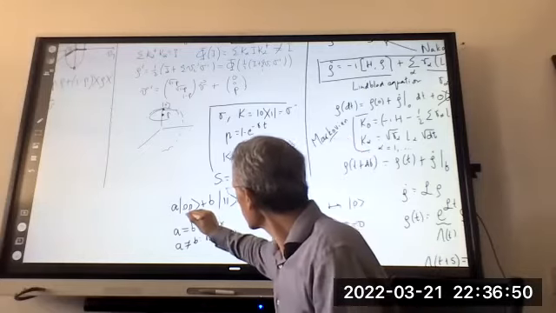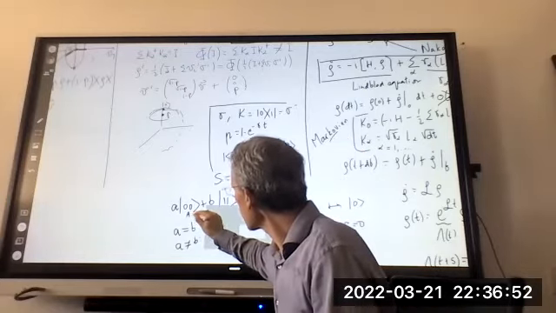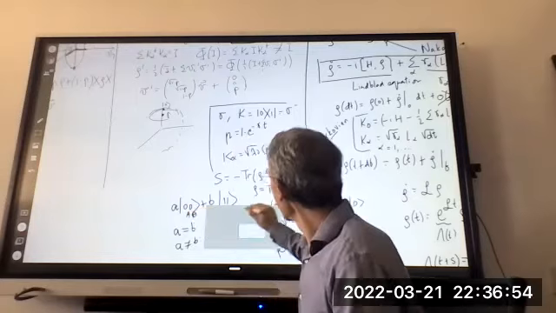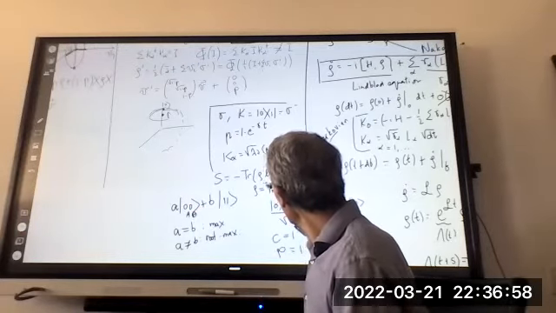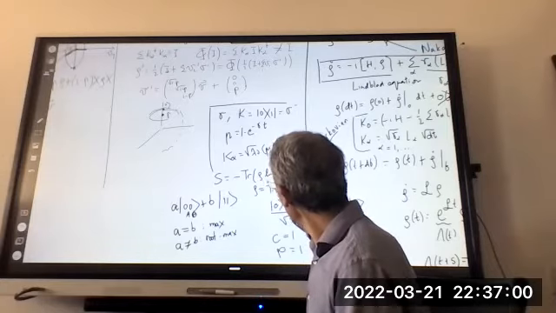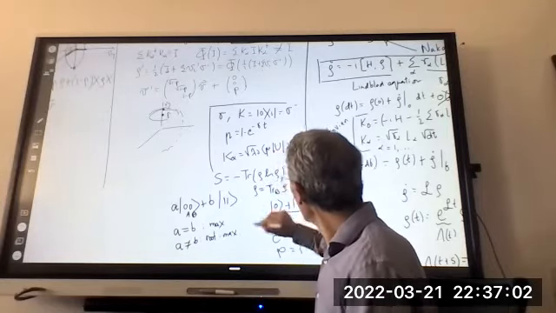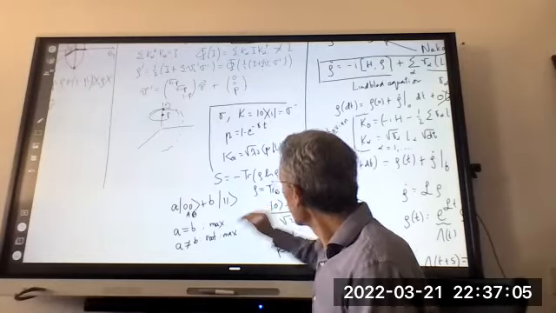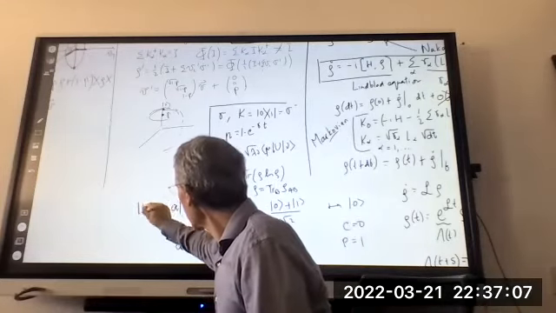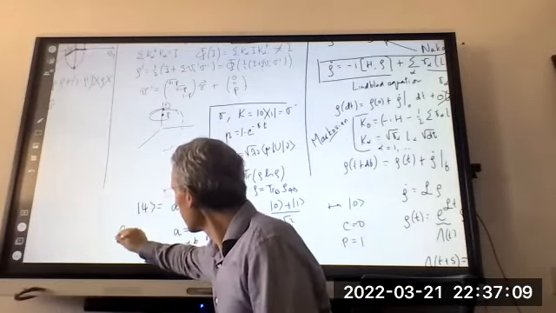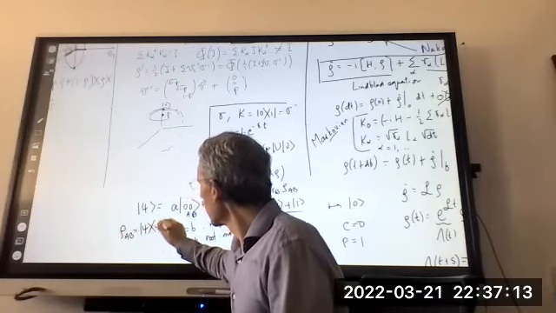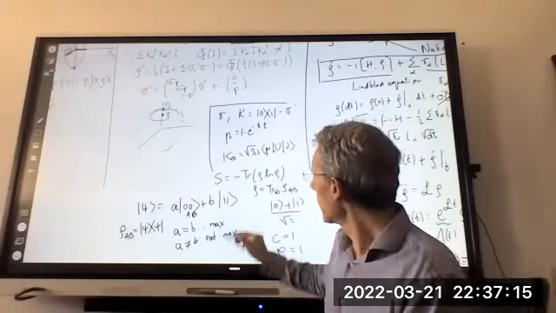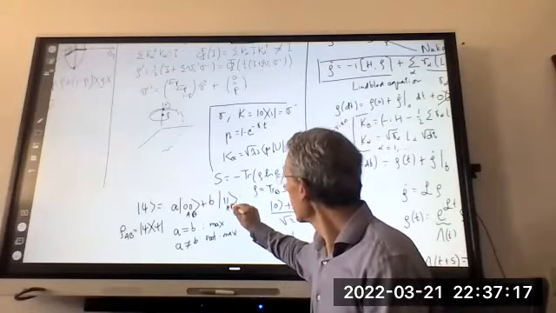So let's call this subsystem A, subsystem B. Let's say we trace out subsystem B from rho AB. Let's say this is psi, and rho AB is this pure state.